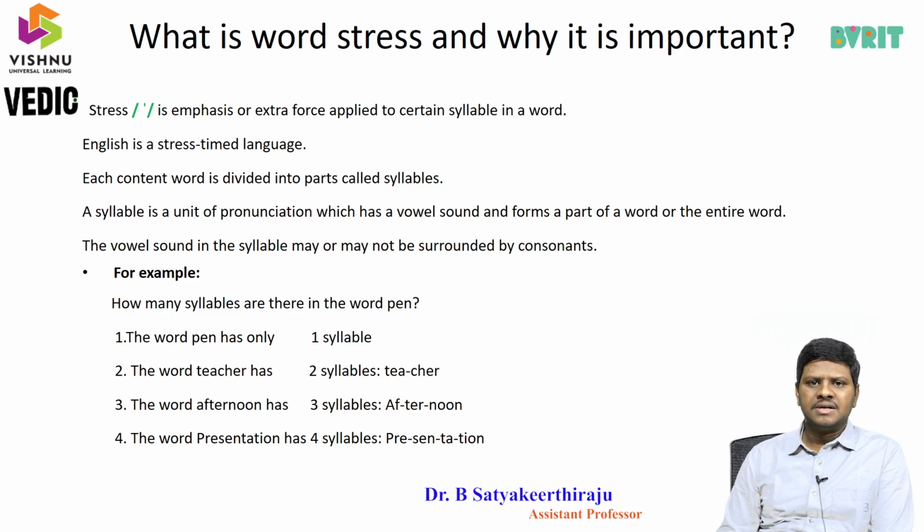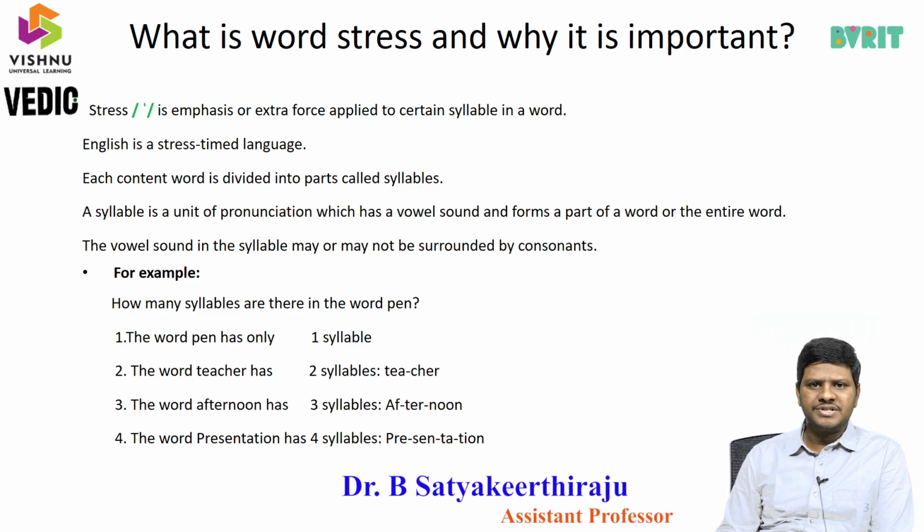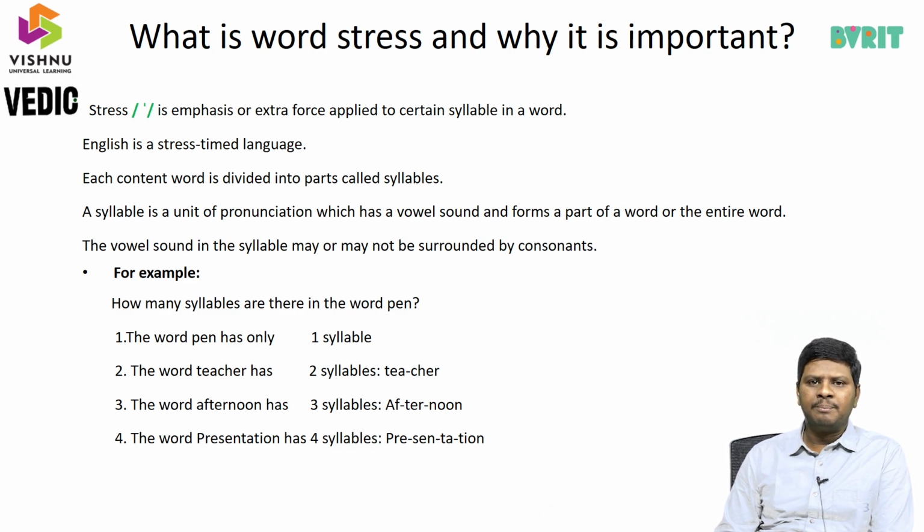For example, let us see some words which consist of different numbers of syllables. How many syllables are there in the word pen? Pen has only one syllable. It is considered to be a monosyllabic word. If you take the example teacher, it has two syllables and it comes under disyllabic words.